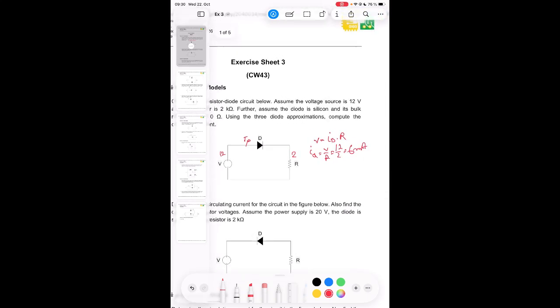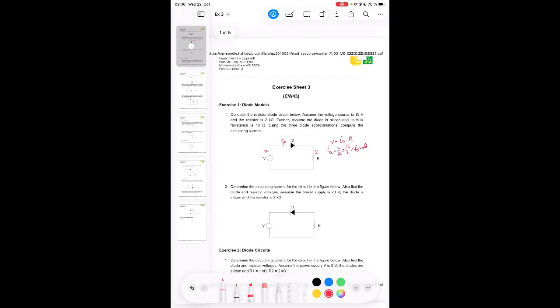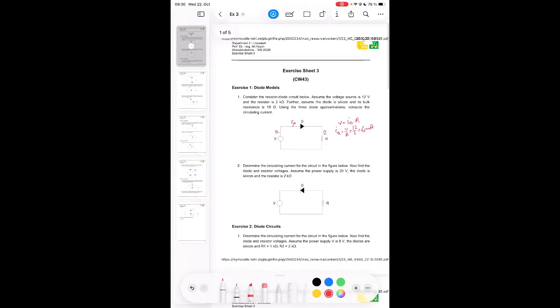That means that ID is 12 minus 0.7 divided by 2 kilo, which is 5.65.